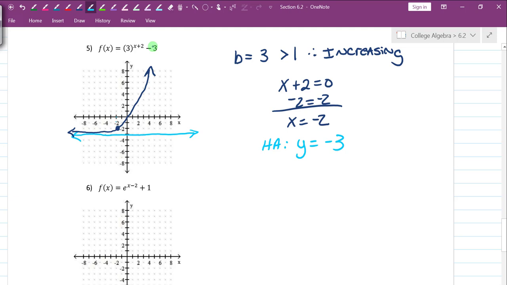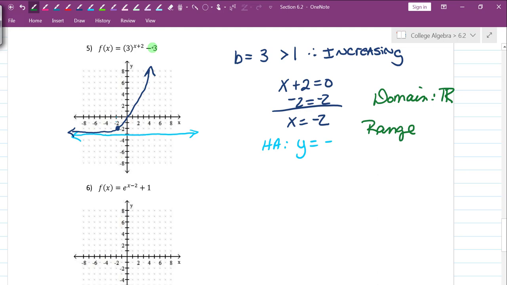So always remember your vertical shift represents your horizontal asymptote. And our domain is all real numbers. And our range, now that shifted. With this vertical shift right here, our range shifted also.